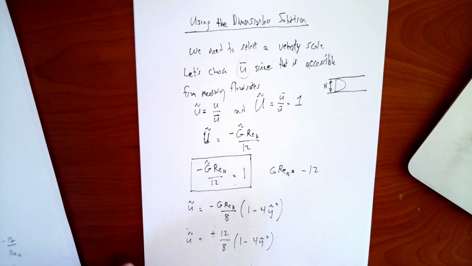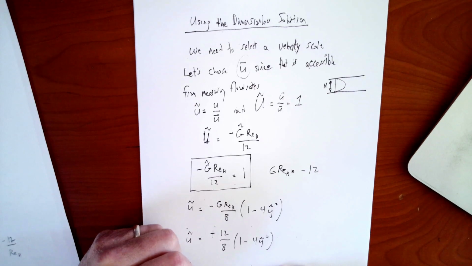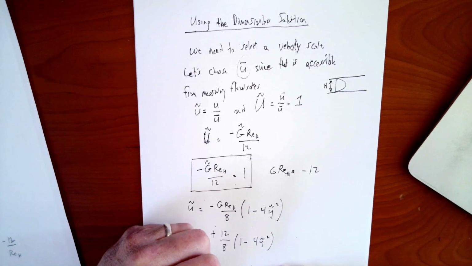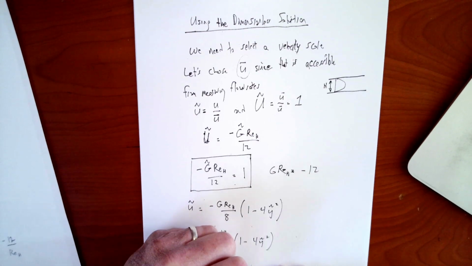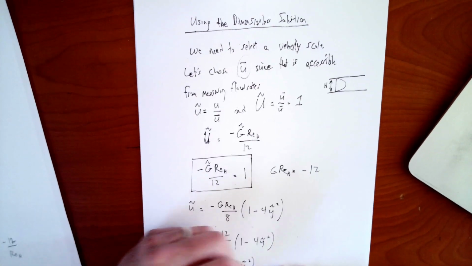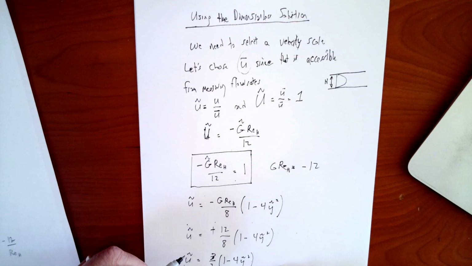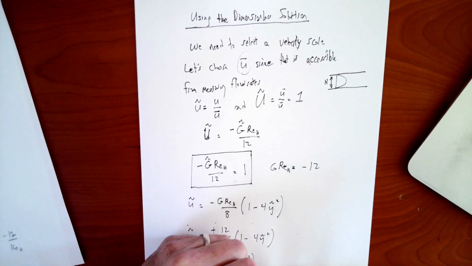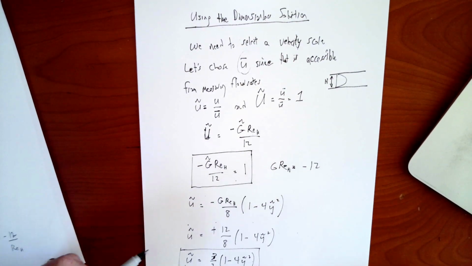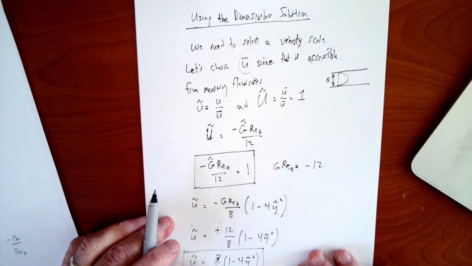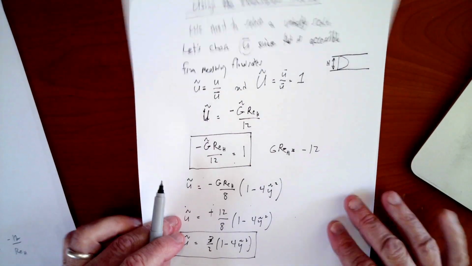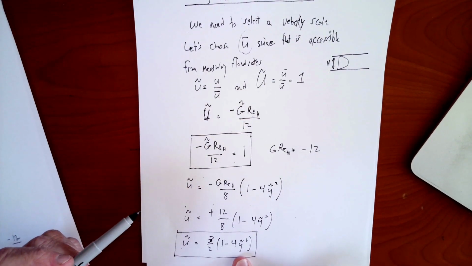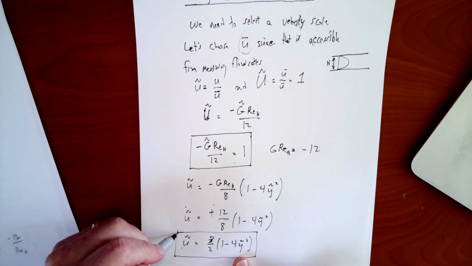And U tilde is simply equal to 3/2 times 1 minus 4 y tilde squared. So that's also an extremely clean result. If you want the velocity in dimensionless terms, it's simply 3/2 times 1 minus 4 y tilde squared.